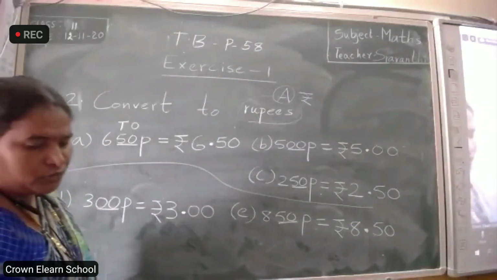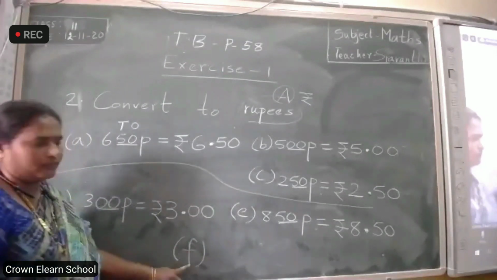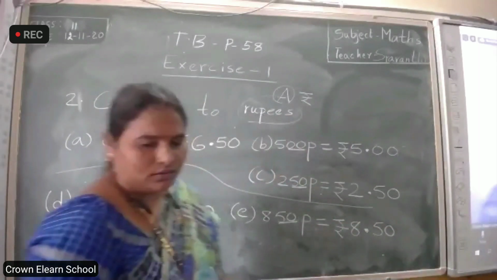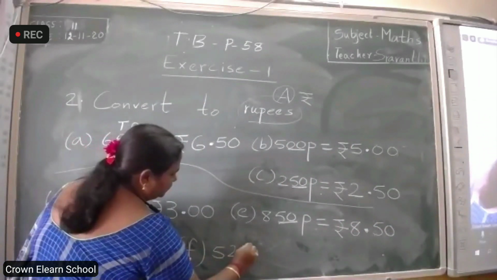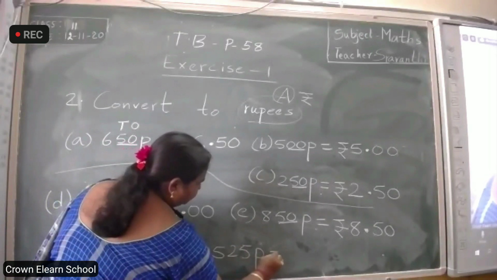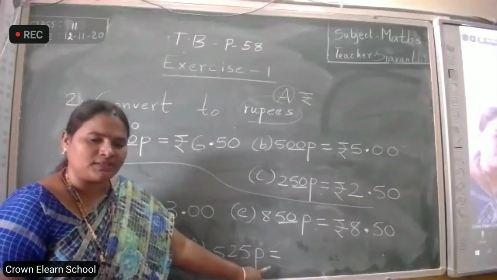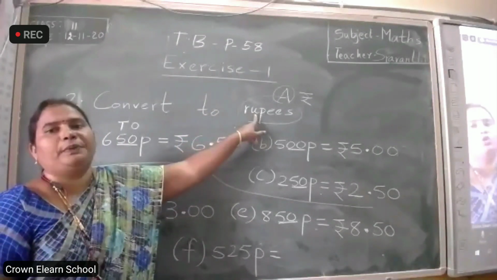Now we have one more sum, F. Shall I write here? F. You have it here in the textbook. Okay? I am writing here, I don't have place. 525 paise. Convert to rupees.